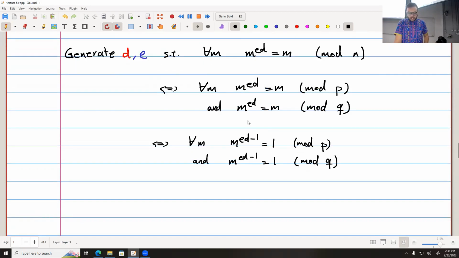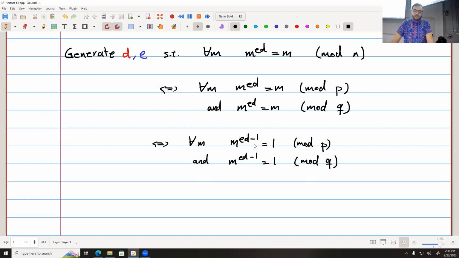Okay. So this is what I have here. So I know that for every one of my messages, if I compute m to the power of ED minus 1, the remainder should be 1 modulo both p and q. Okay. So now I can use Fermat's little theorem.